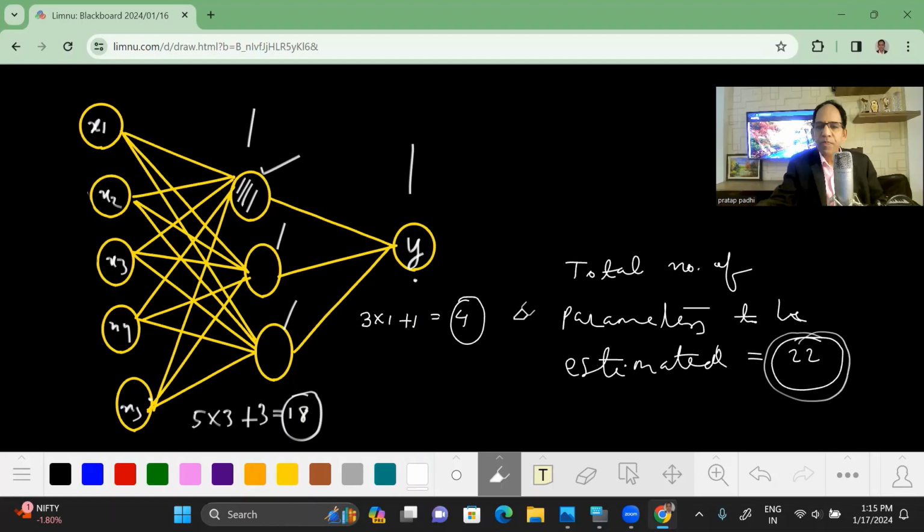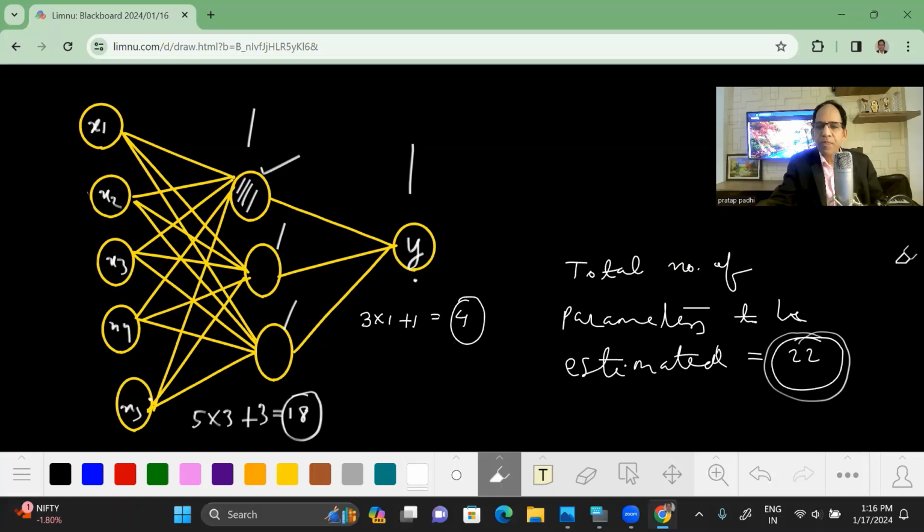So this is a neural network where I introduce one hidden layer. If I want, I can introduce more hidden layers as well. This neural network has 3 layers: input layer, one hidden layer, and one output layer. How many connections are there? We have 15 plus 3, 18 connections, and we have included 4 biases.